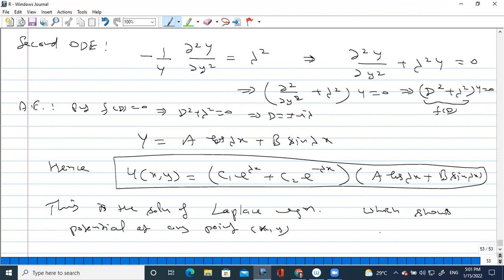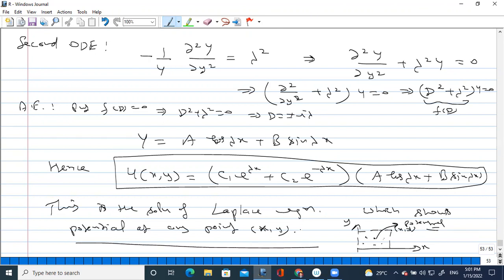So actually this is 2D now. So you have to see y, you have to see x. In that there will be a region, and that region is inside this xy. So at a point (x,y), here it can be, here it can be, what is the value of potential? That will be given by u(x,y). So it is the potential at any point (x,y). Okay. So the problem of this we will do tomorrow, and you can note it down.